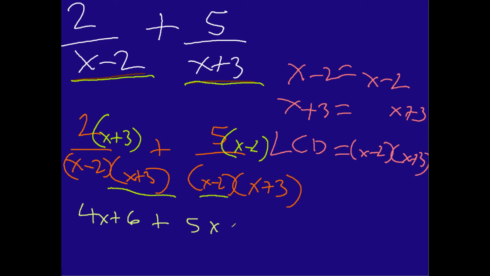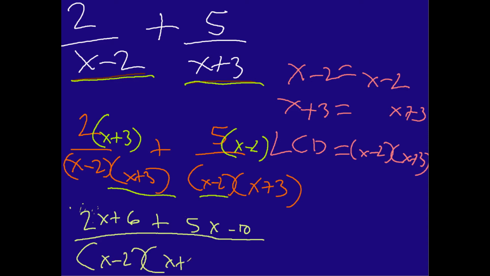Excuse me, I made a mistake here; I first wrote 4x, but it should be 2x, because 2 times x is 2x. Sorry about that. Then I have plus 5 times (x minus 2), which is 5x minus 10. So this is our top: 2x plus 6 plus 5x minus 10, all over (x minus 2)(x plus 3).